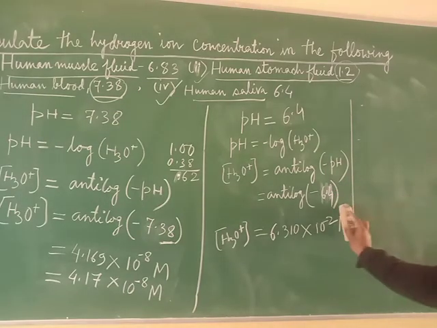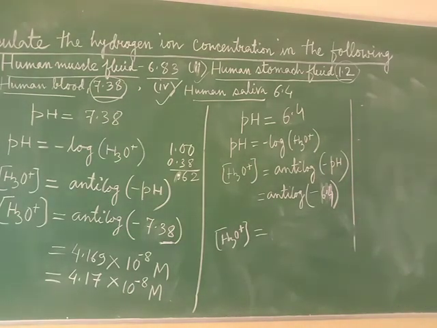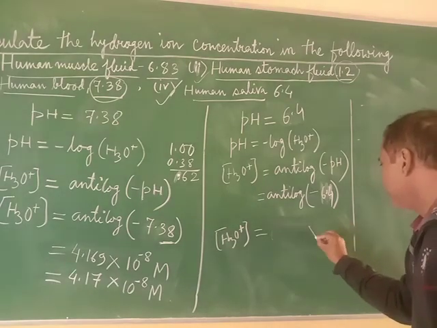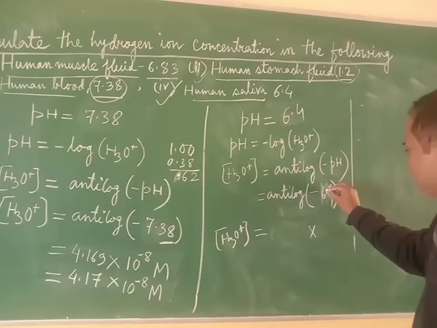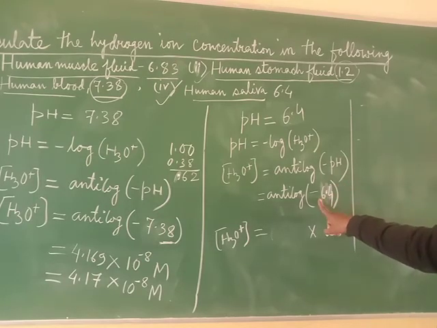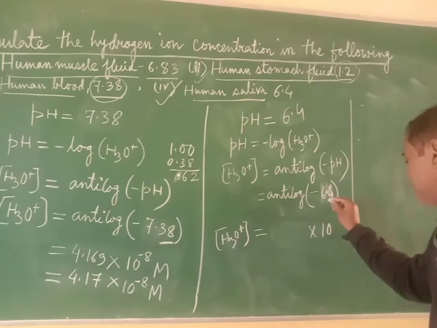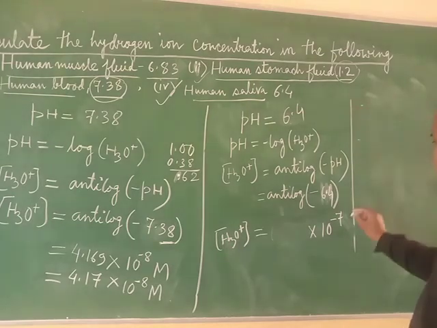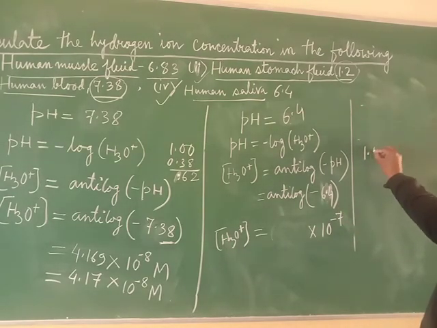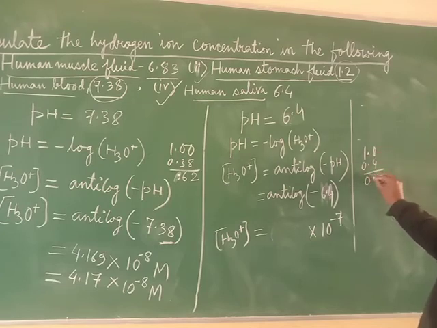The same trick or logic we can use. We have to add minus 1 to the number which is before the decimal. So minus 6 minus 1 becomes minus 7. Take this number to the power and subtract this 0.4 from 1. So it comes out to be 0.6.